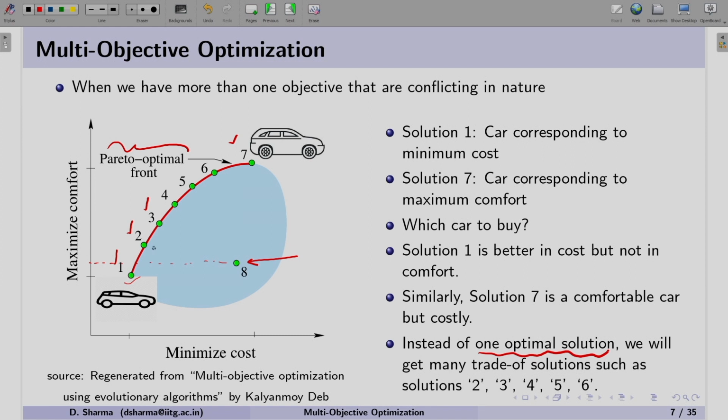However, if I compare solution 2 versus solution 8, we can see that solution 2 is good in cost as well as better in comfort, meaning that solution 2 is better in both objectives. In that scenario, solution 8 is not going to be our optimal solution.